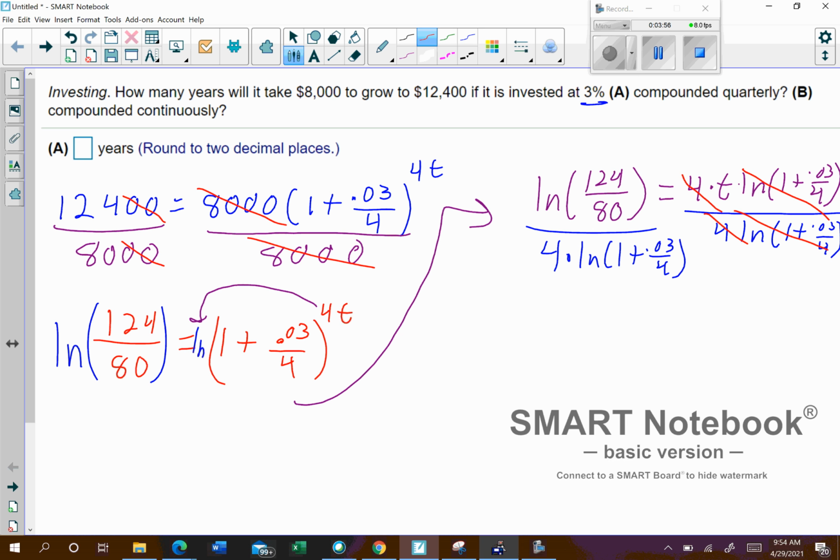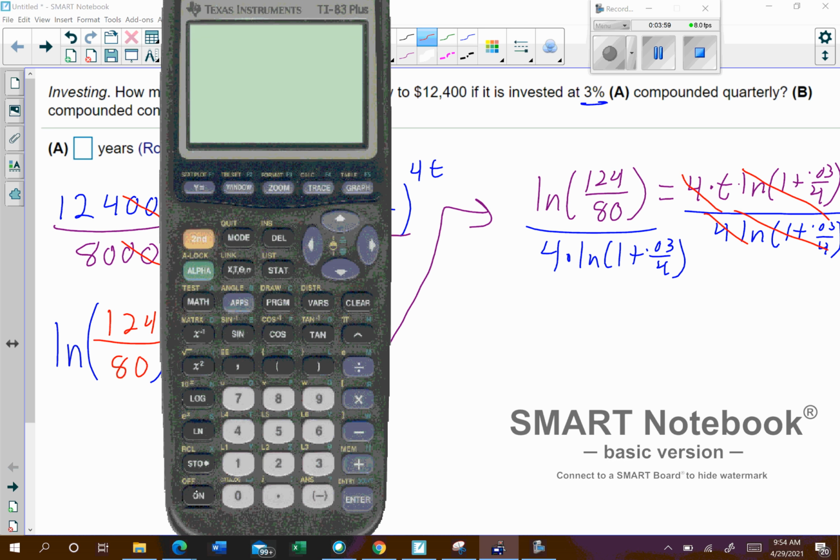The calculator I have here is old. It's a TI-83. But the way I'm going to show it to you, I'm going to do it in little steps. You could potentially type this whole thing in the calculator all at once, but there is a potential for making mistakes if you do that.